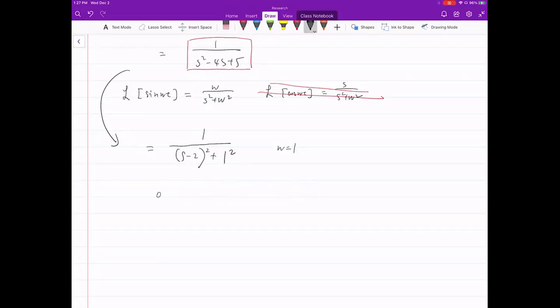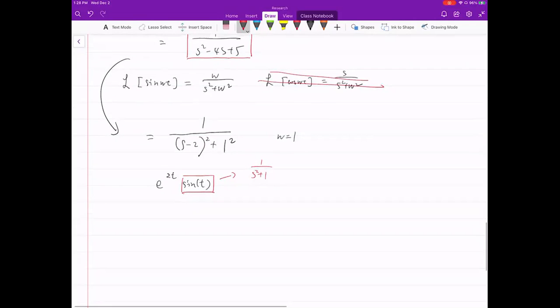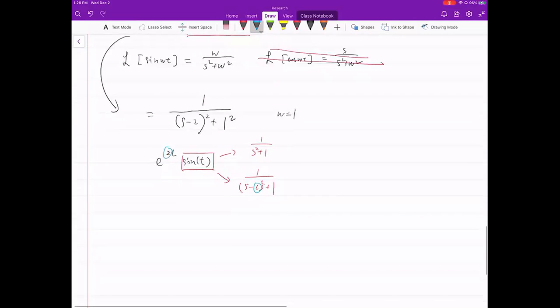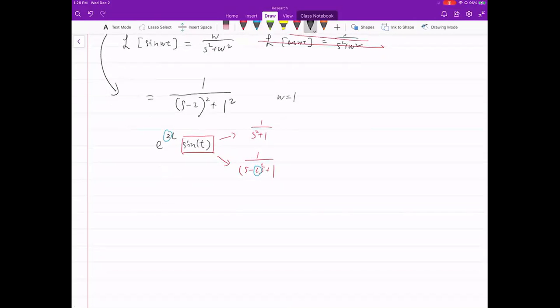So if I just have that, I will have a nice 1 over s squared plus 1. But if I now have this, I will have this instead. So this 2, somehow, maybe it will shift the whole thing. Okay, so that's my guess.